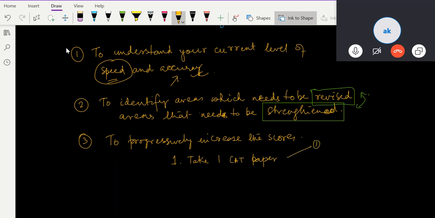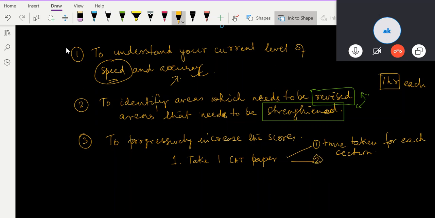Number one, as I said, don't look at the watch, but after you have finished, note down the time taken for each section, because each of the sections is timed for 1 hour in the exam. So note down the time that you take for each of the sections.